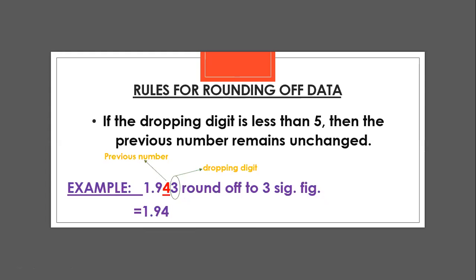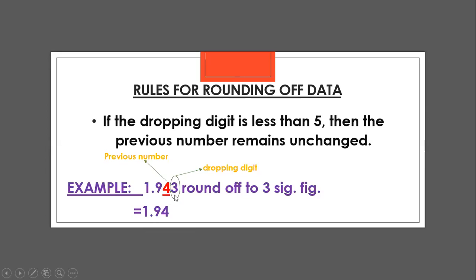And the question says that you have to round it off to 3 significant figures. So it means 1, 2, 3. You need this 4, but you don't need this 3. So the 3 is the dropping digit. You have to drop it, but you can't drop it like that. You have to follow the rules for rounding off the data. So you will circle 3, this is the dropping digit, and you will underline 4, which is the previous number.